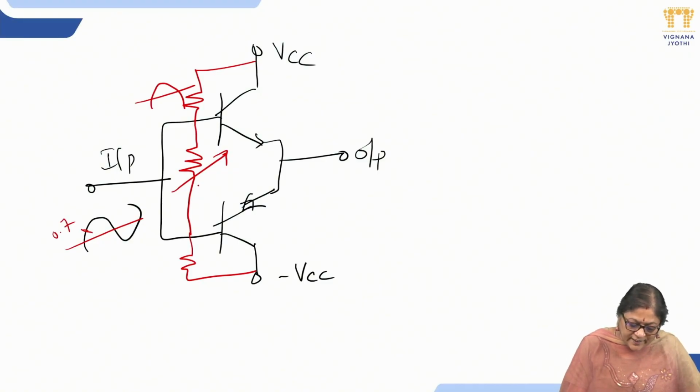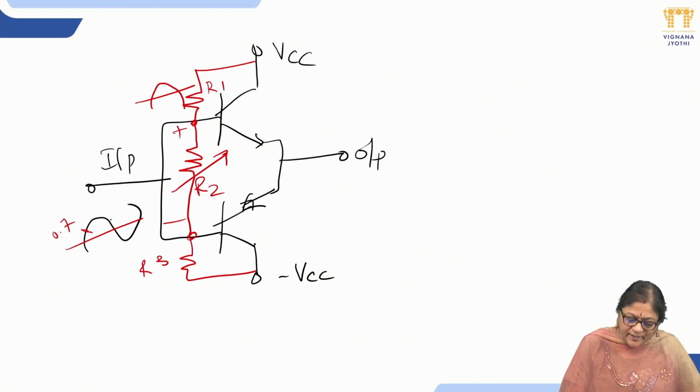So the voltage across R1, R2, R3 should be such that the drop across these two bases is 0.7 volts. So it is applying a plus or minus 0.7 voltage.